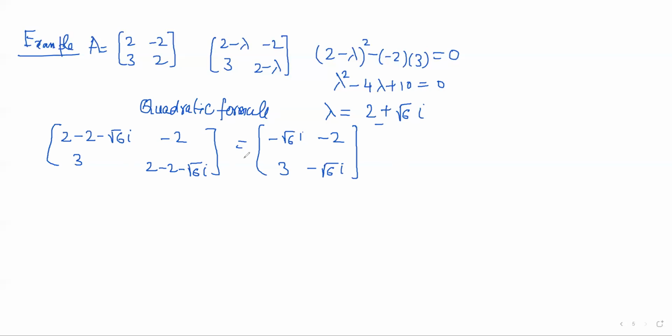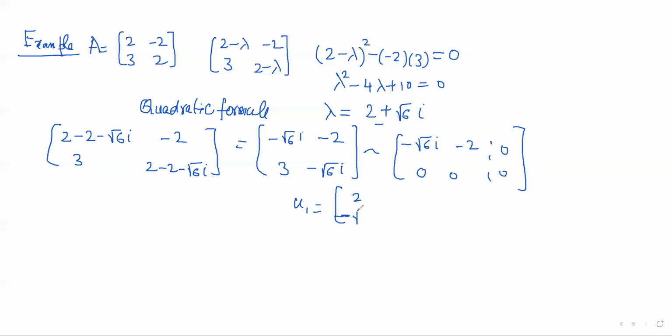And then for the eigenvectors, by row operations, it is minus root 6 i, minus 2, 0, 0, and then 0, 0, 0. So from here, we get the first eigenvector u1 is equal to (2, minus root 6 i).